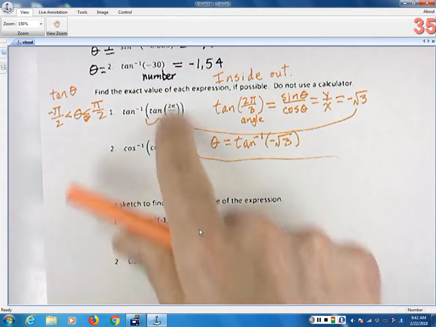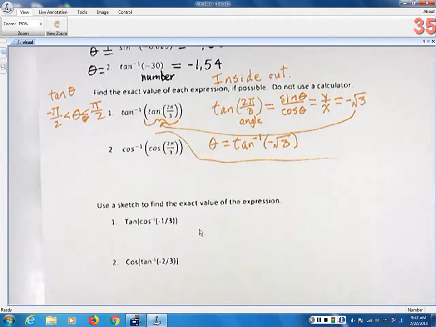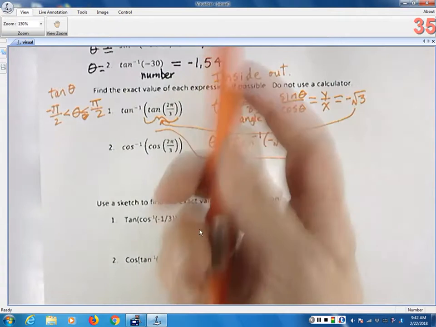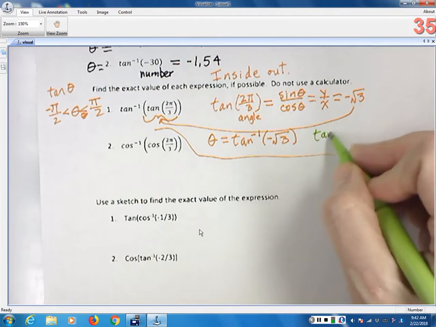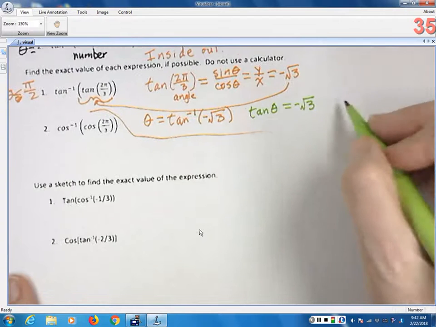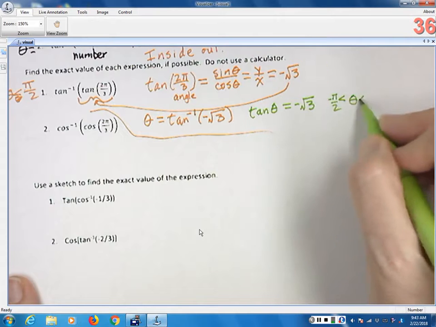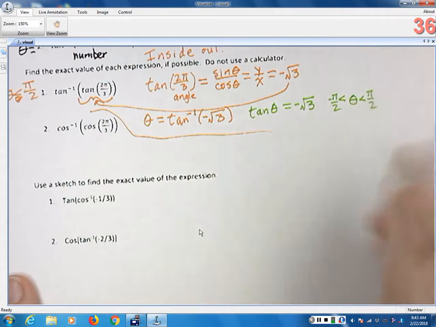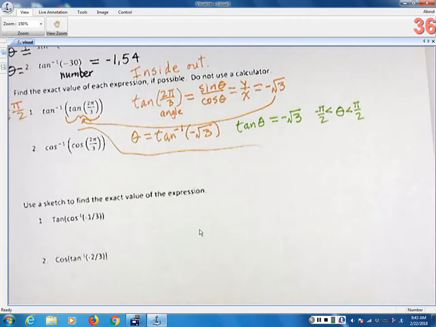Now if this had been in the domain between minus pi over 2 and pi over 2, we would have just gotten the x out of it. So then you're going to work this like you did that above. This means that tangent theta equals minus square root of 3, and you've got to be in the restricted area between minus pi over 2 and pi over 2. You look on the unit circle between these values of theta and find negative square root of 3.